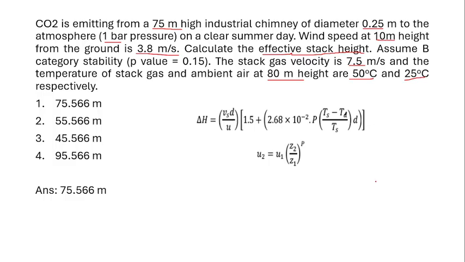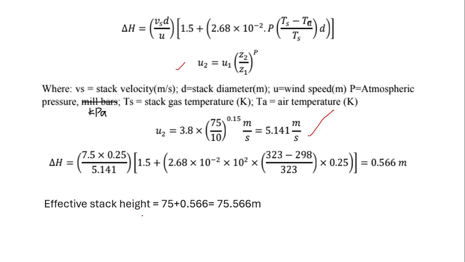So they have asked the effective stack height. The formula is effective stack height, which is the capital H, is equal to small h plus the difference in the height, which is the delta H. 75 plus 0.566 is equal to 75.566 meter, which is the effective stack height for this problem.